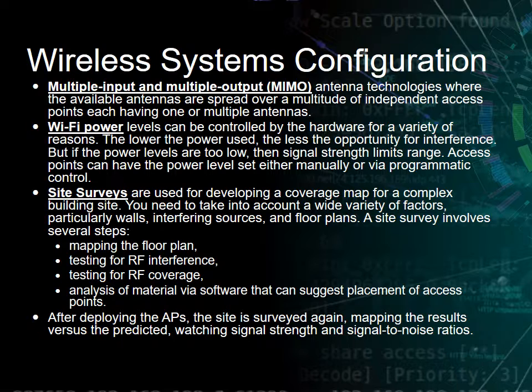So you should be able to take measurements on both sides of every wall radiating out from where the access point is going to be, and predict how strong the signal is going to be. Interfering sources: is there a power source or something like a generator or a transformer nearby that's going to create interference? And how the floor plan is laid out. This all makes a big difference in how the signal propagates and moves throughout the building.